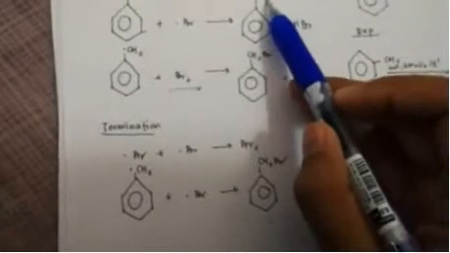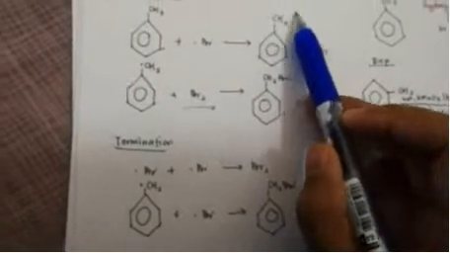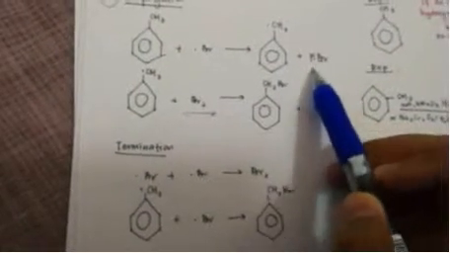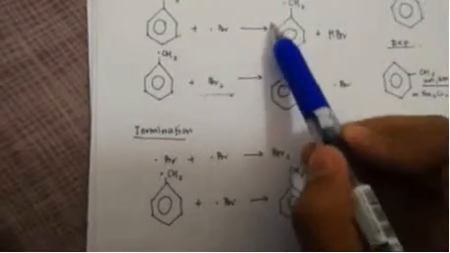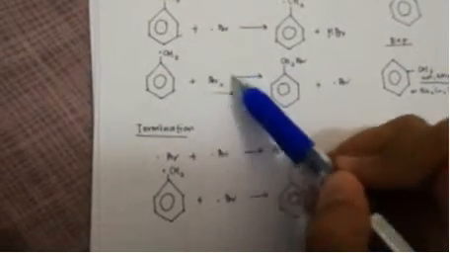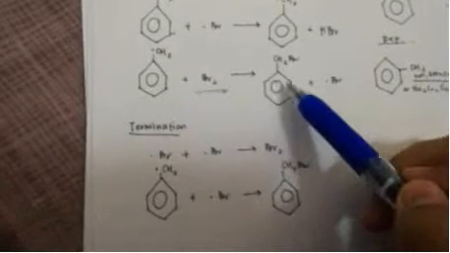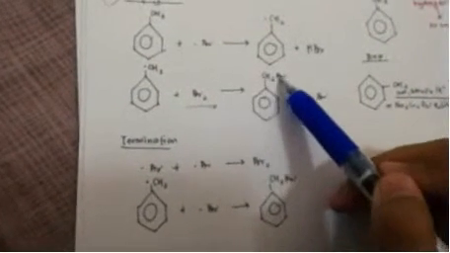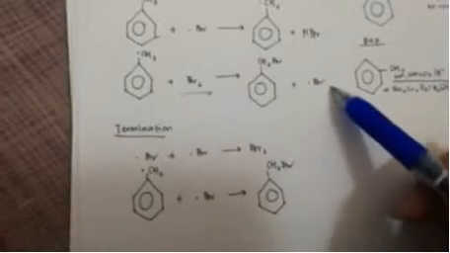And the hydrogen evolves into HBr. This product undergoes another reaction with bromine, forming the benzene ring with the attachment of CH2Br, and a free radical of bromine.